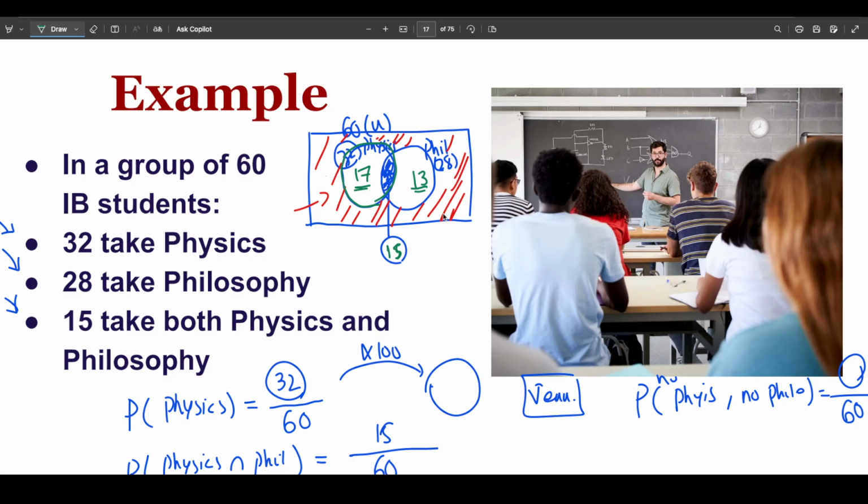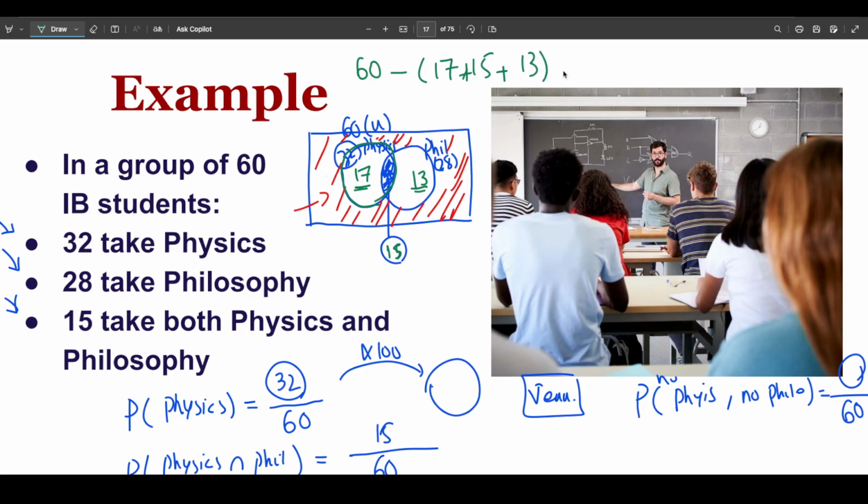If I ask you how many students don't have either physics or philosophy, all you have to do is say, okay, I have 60 students in total minus 17 students who have only physics, 15 who have both.